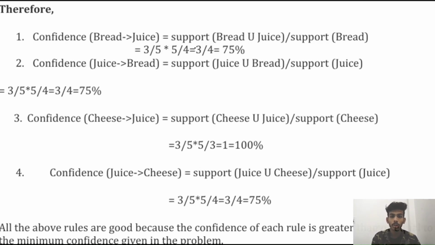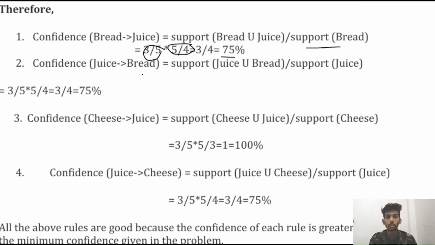We have support count for bread 3 upon 5 and juice 4 upon 5. We multiply both for finding the union and divide it by the bread support count. The answer will be 75%.